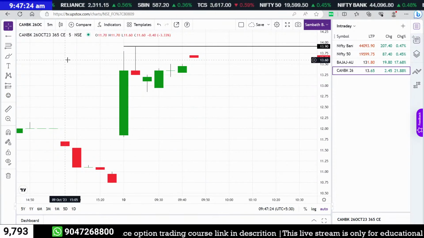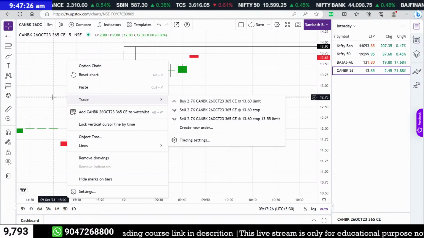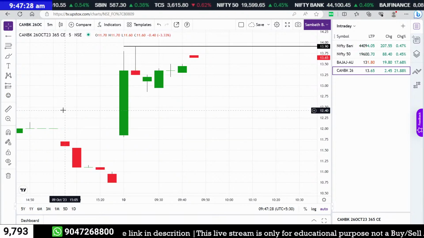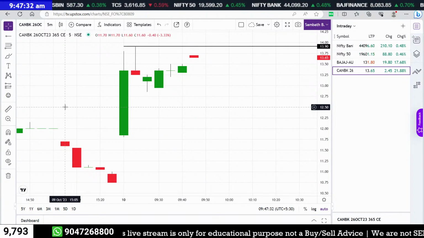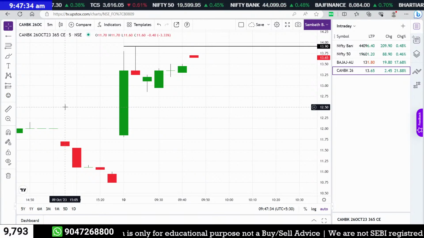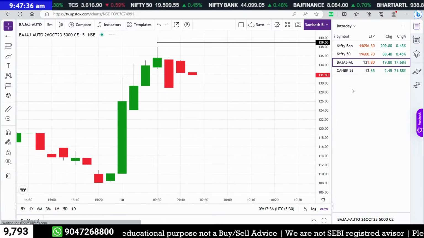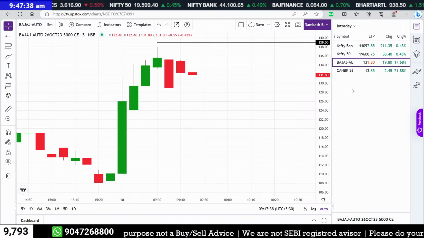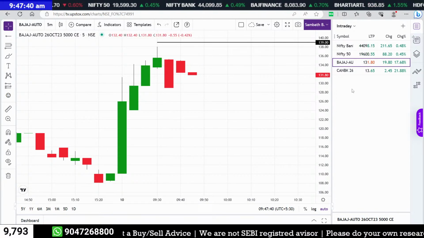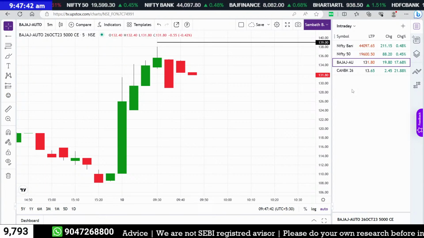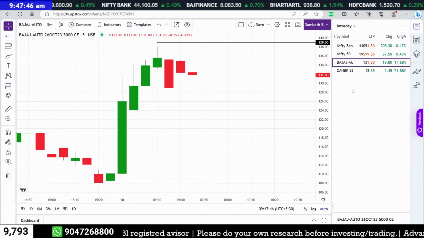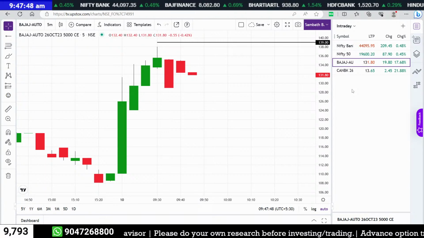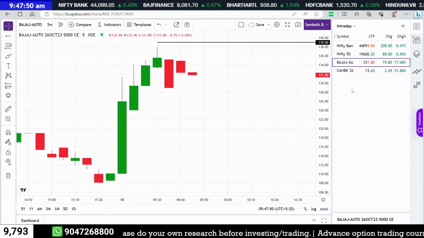It is triggered, and the lot size is around 2,700. No trigger. After this gap up, stocks moved.